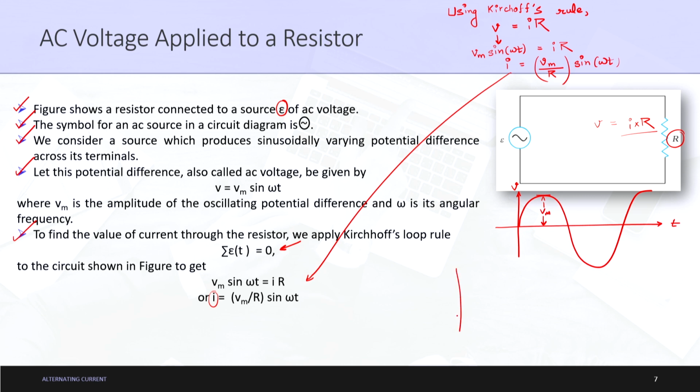So, if I draw a diagram for this also, because the diagrams are very important here, let us say this is the current I am explaining to you, and let us make a waveform. This time the amplitude will be nothing but Vm by R. So, this is how we can understand the current. Fine. Moving forward.